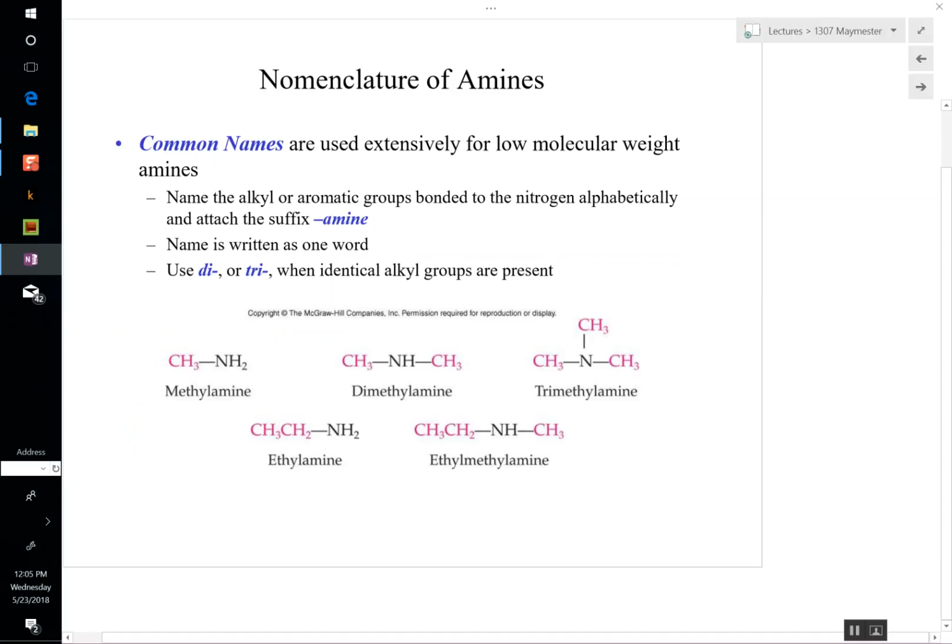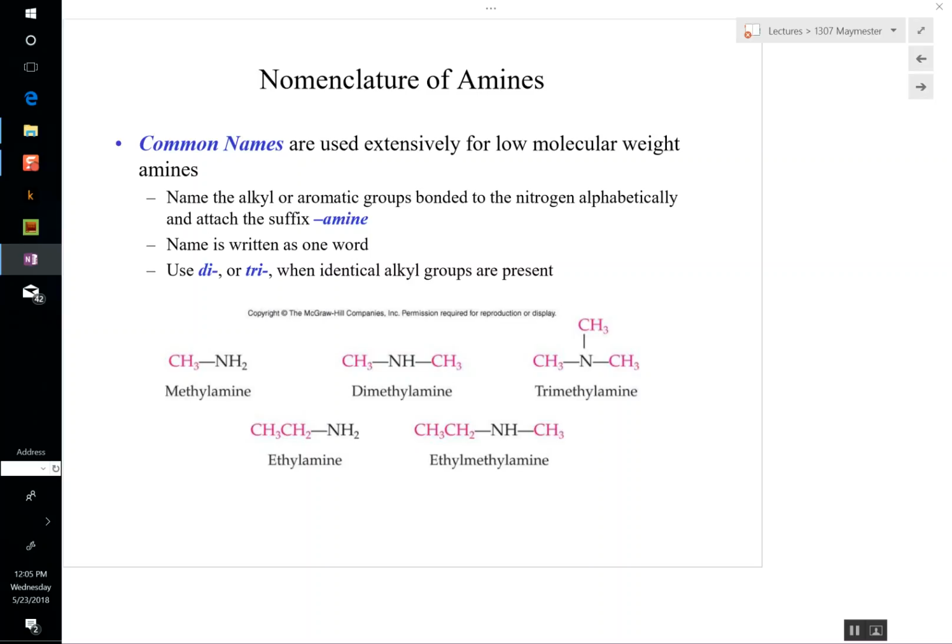All right, so nomenclature. We're getting into nomenclature. Common names. And how do I work with amines? When I can use a common name, I use it because it's the simplest name for an amine. When can I use it? Well, if all you're talking about are methyls, ethyls, propyls, isopropyl groups, maybe even phenyls, or a butyl, just a straight normal butyl, you could just use this simple naming.